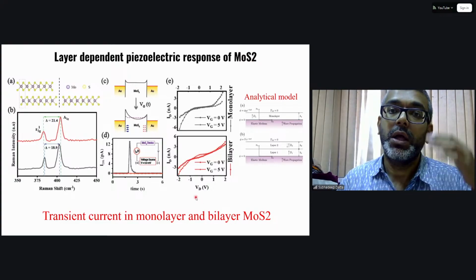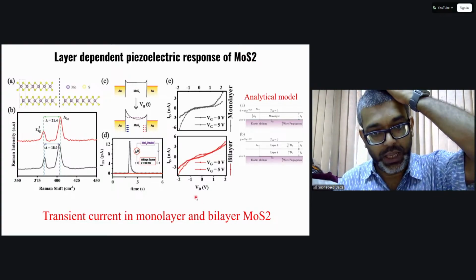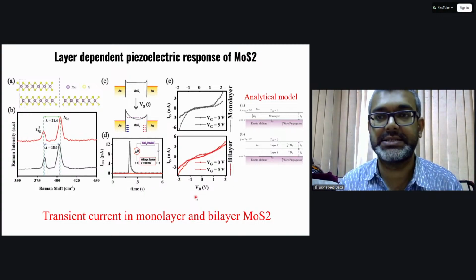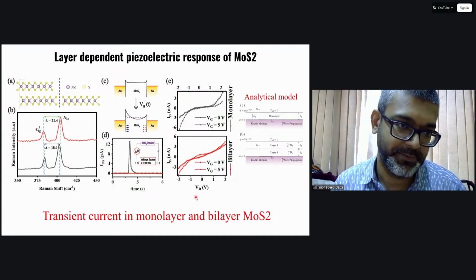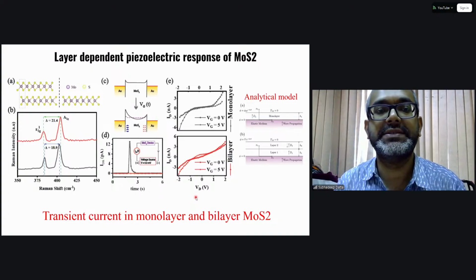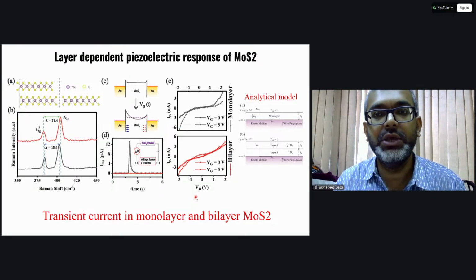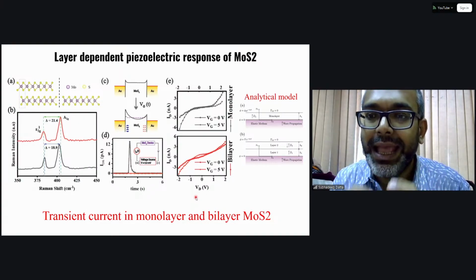Now, layer dependent piezoelectric response of MoS2. MoS2 being a van der Waals system, you can exfoliate and get different layers. In monolayer, it's non-centrosymmetric. So if it is non-centrosymmetric, then piezoelectricity can be achieved.